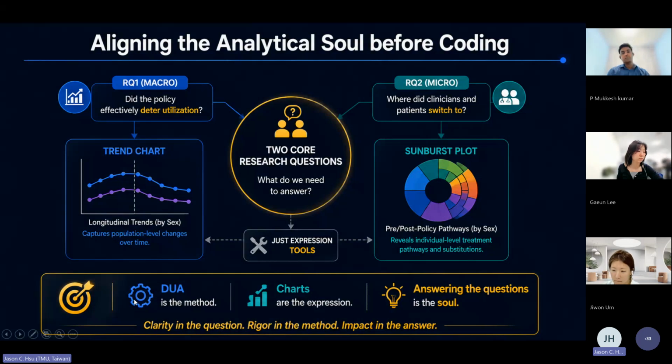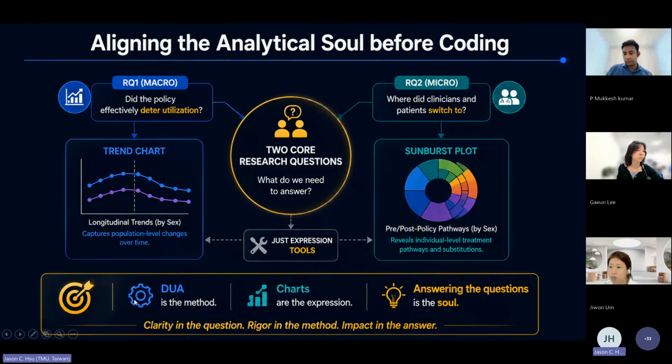The first question, as I mentioned, is the macro perspective, capturing the population-level time series changes by using longitudinal trend figures. Question number two handles the micro perspective and uses individual-level treatment transitions by using the sunburst plots.